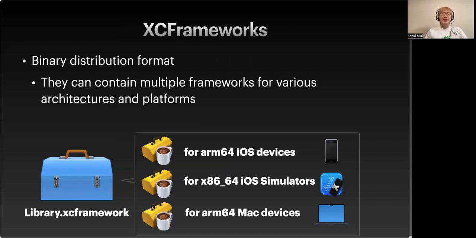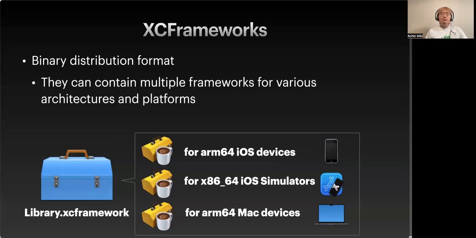XCFramework is a binary distribution format released by Apple in 2019. It allows for bundled distribution of frameworks for multiple CPU architectures and platforms. The entity is a directory that bundles multiple frameworks.